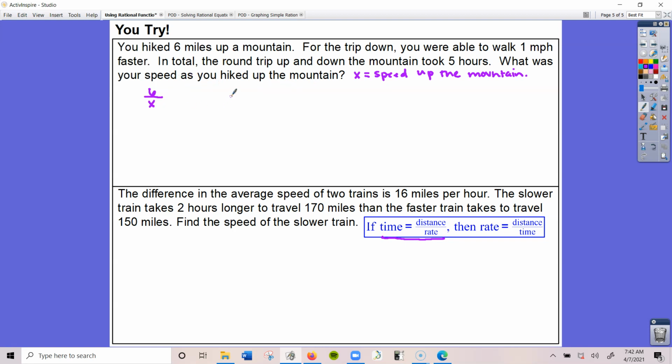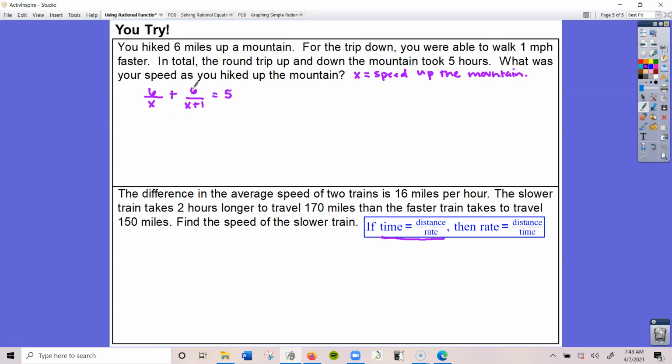Now we are doing a round trip, so we're going to add how long it takes to go down the mountain, which is still the 6 miles, because going up and then going back down is the same distance. But the speed here going down the mountain is 1 mile per hour faster. So that's the speed that I was going up the mountain plus 1. And the total trip took 5 hours.